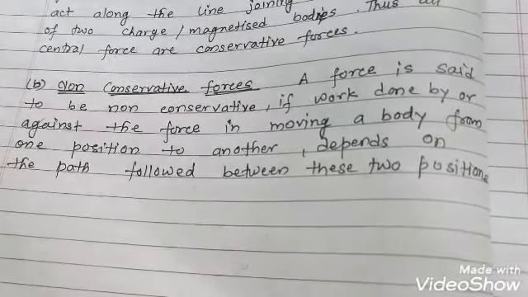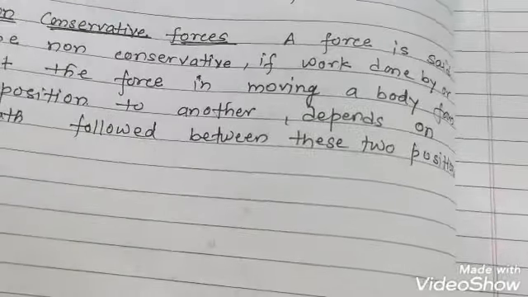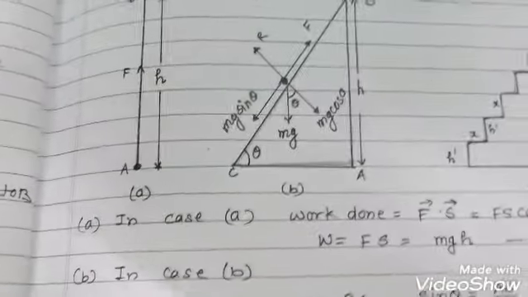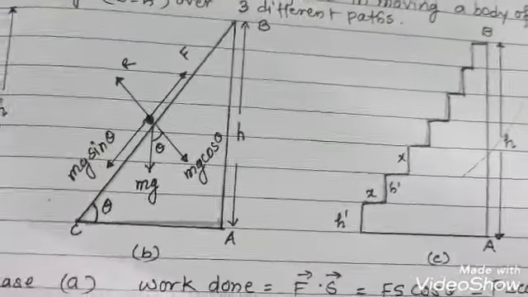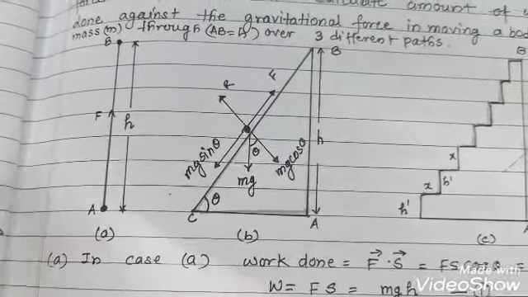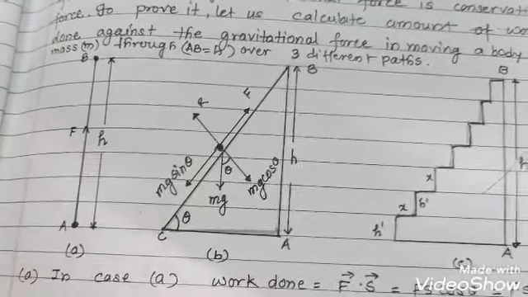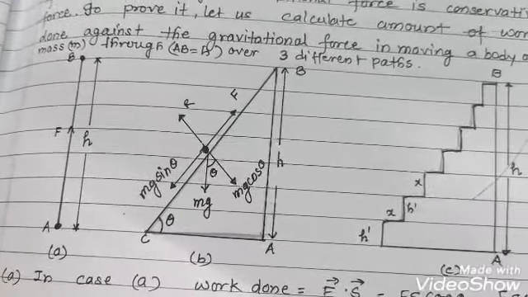For example, I will take you back to the previous example we used for the conservative force, with the three paths. We took three figures to shift the object from point A to point B, that is, up to height h.